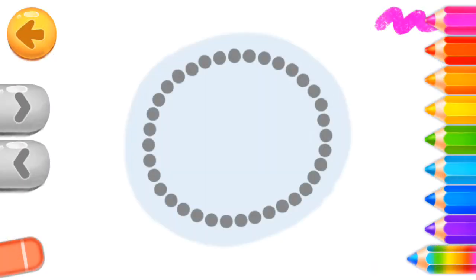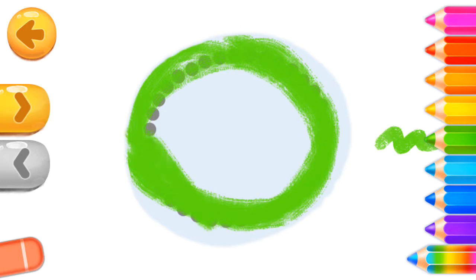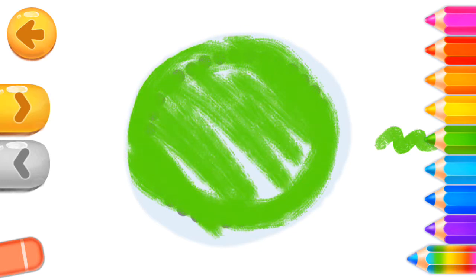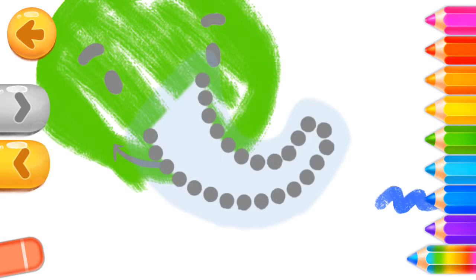Let's draw the inhabitants of hot Africa. We draw a good elephant. Round the head. Random color. Random color. Random color. What about the lengthy trunk?